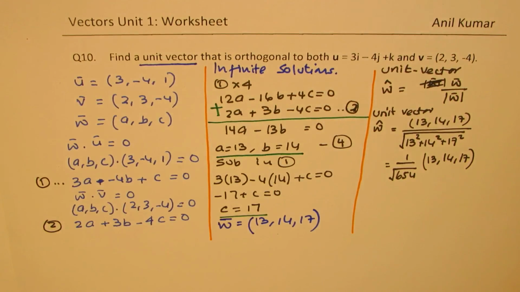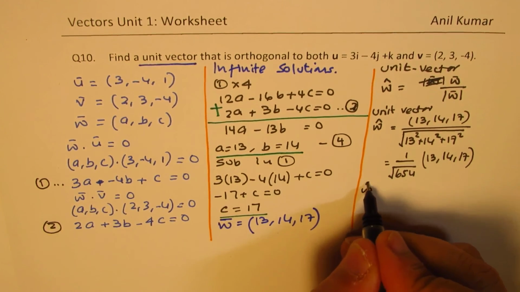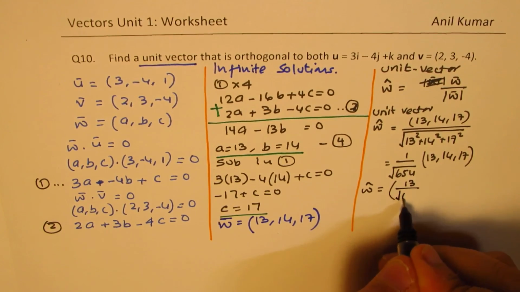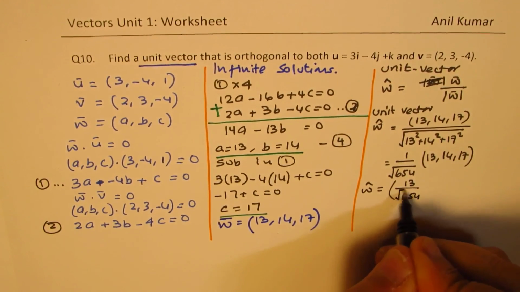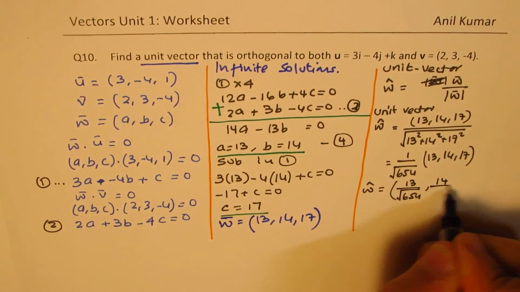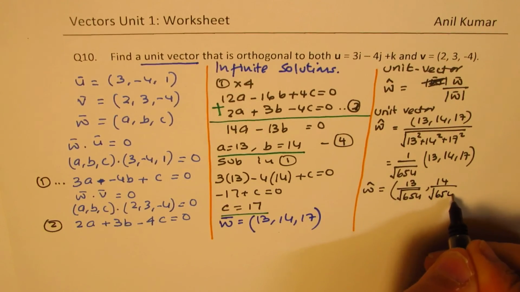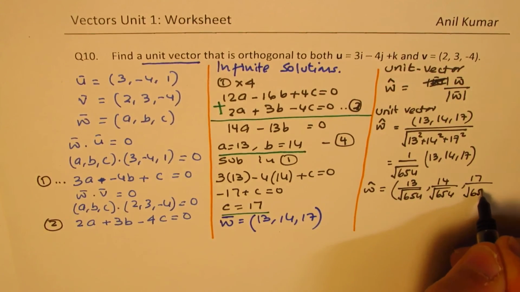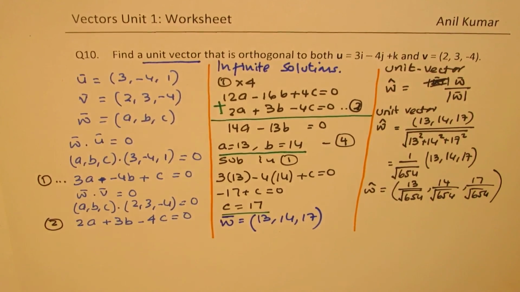So that becomes our solution in this particular case. We can actually rewrite this unit vector as 13 over root 654, 14 over root 654, and 17 over root 654. Does that make sense to you? So that becomes our solution for the given question.